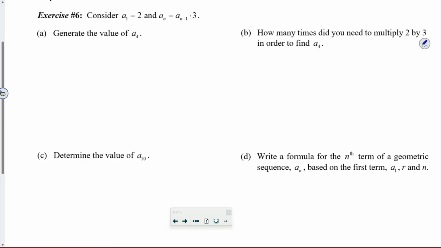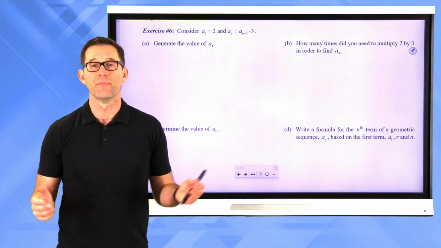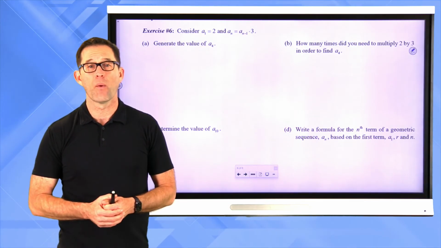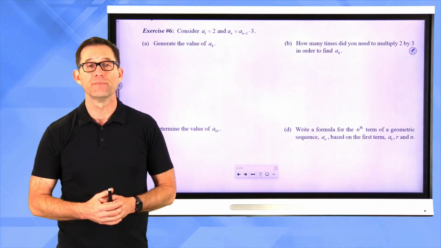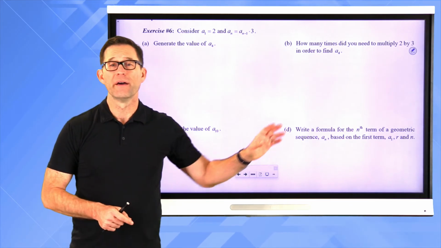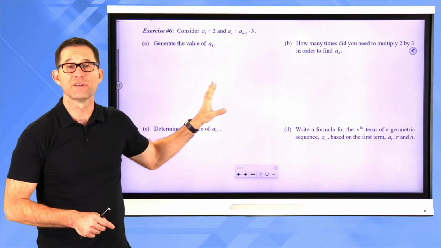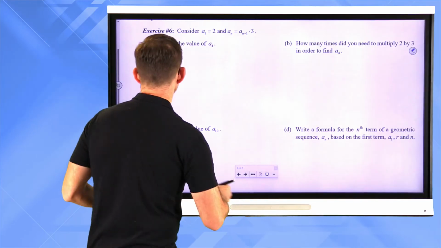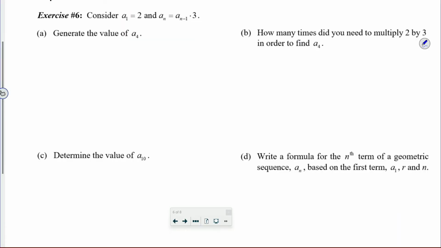Consider a1 equals 2 and an equals an minus 1 times 3. Letter A, generate the value of a sub 4. Why don't you go ahead and figure out what a sub 4 is equal to? All right, I'm going to do this problem and then we'll immediately jump to B. Each term is the previous term times 3.